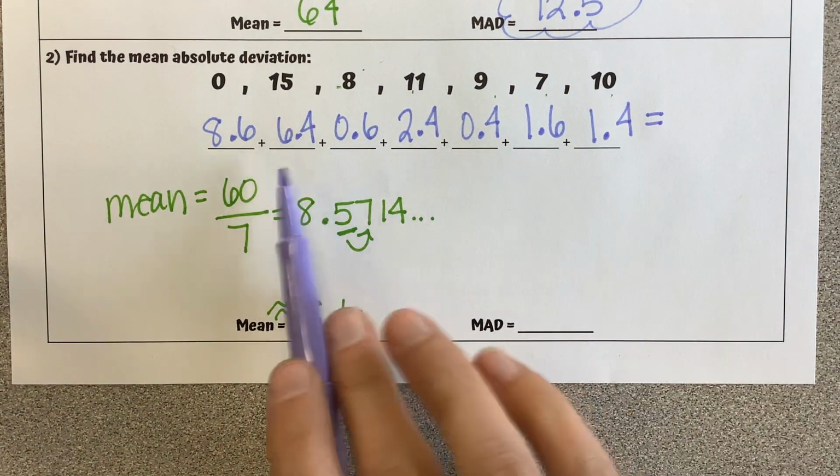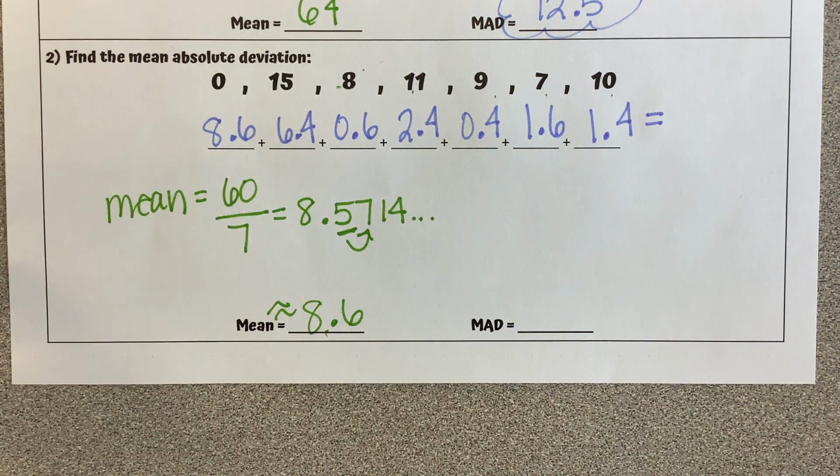It's very easy to make mistakes when you've got decimals and forget a decimal value. So be careful. We got 8.6 plus 6.4 plus 0.6 plus 2.4 plus 0.4 plus 1.6 plus 1.4.